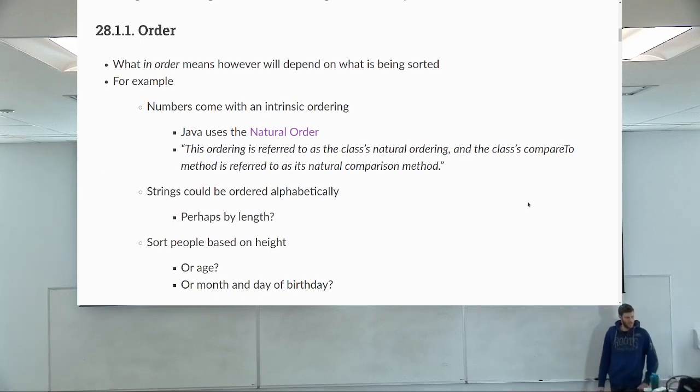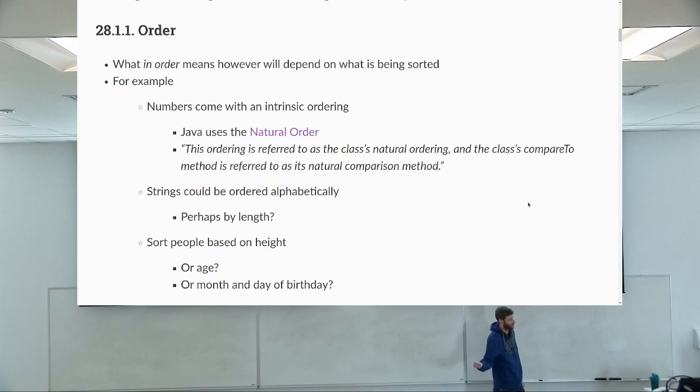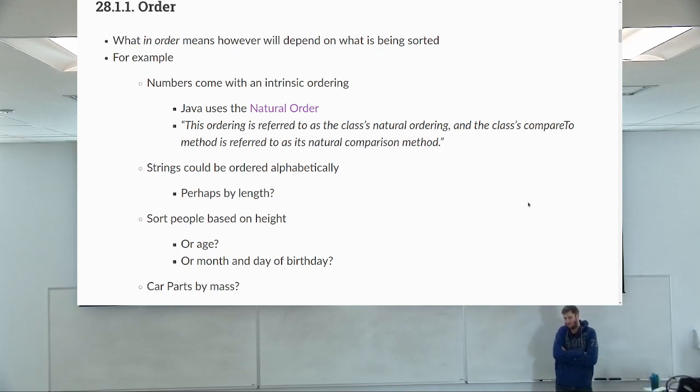What in order means, however, will depend on what is being sorted. Like I just said, numbers come with an intrinsic ordering, natural numbers, whatever. And they use a natural order. This order is referred to as the class's natural ordering, and the class's compareTo method is referred to as its natural comparison method. Basically, if you look at natural numbers, and you know what their ordering is, and you go look at the compareTo, yeah, it's the same.